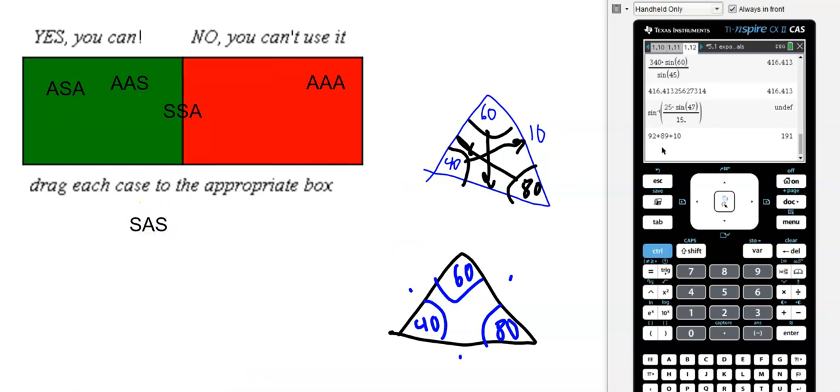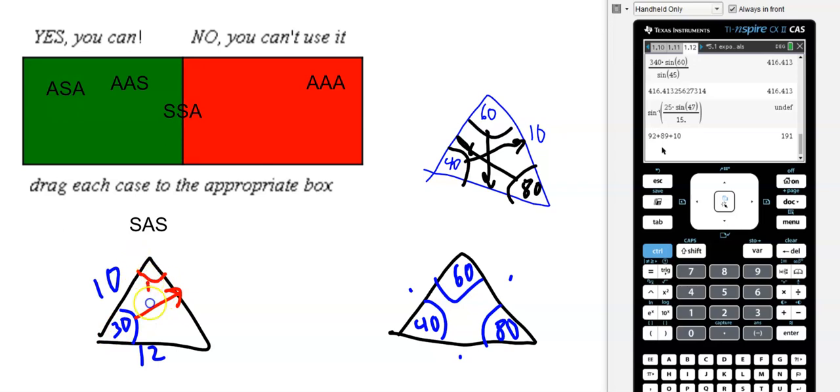In SAS, let's think through that one for a second. So you have a triangle and you're given two sides, 10 and 12, and the included angle, like 30 or something. Is that enough information? You'd have sine of the angle over its opposite side. Well, you only have one of that ratio.